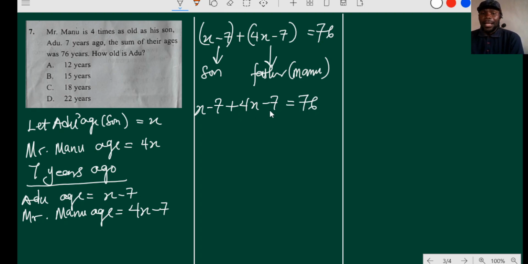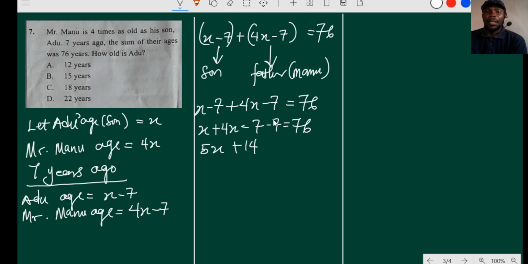So you collect the like terms on the left side. We have x plus 4x minus 7 minus 7 is equal to 76. So we have 5x minus 14 is equal to 76. So we have 5x is equal to 76 plus 14.